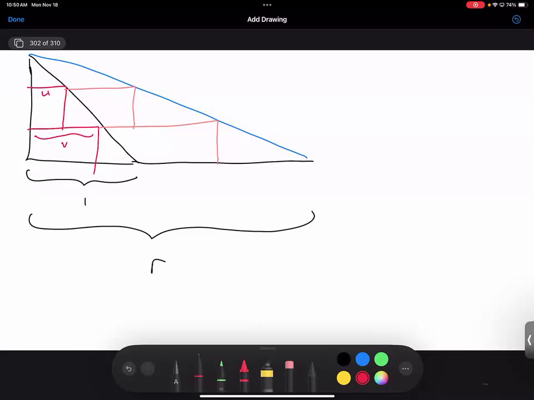If we go down by the same height, you would need to figure out how all that is done. And so I'll leave you to think about this.